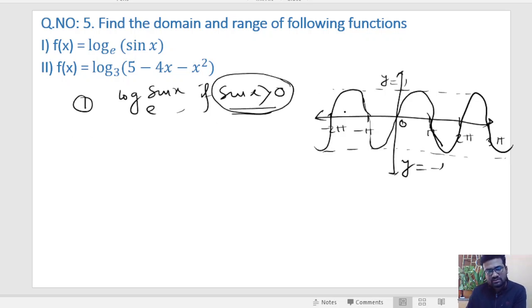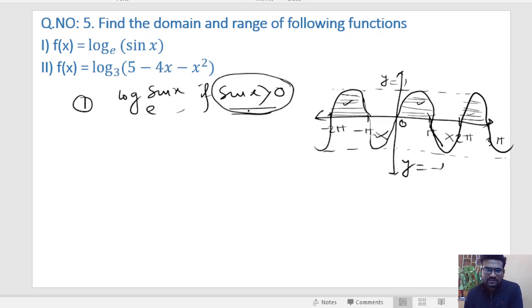Sin x greater than 0 means this portion, this portion, this portion. This is sin x greater than 0, and this is sin x greater than 0, and this is the negative value. These values do not belong to the domain of the given function.